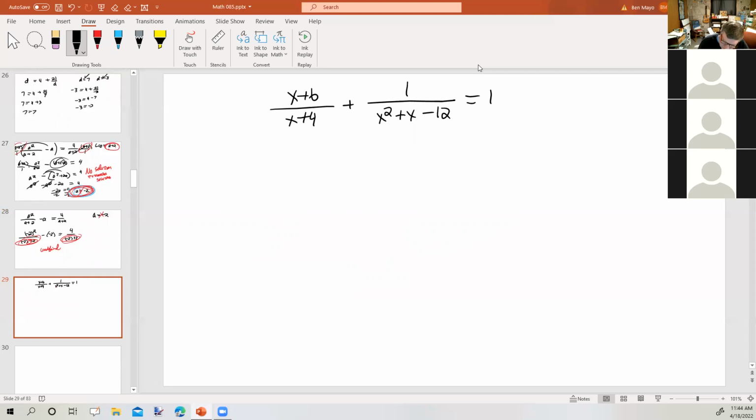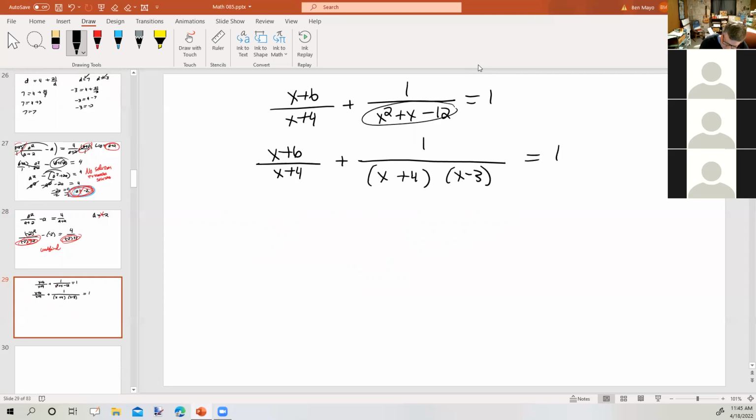So to find the LCD, I'm going to factor each denominator further if I need to. What I would get is x plus 6 over x plus 4, and 1 over x plus 4 times x minus 3. Okay, so this factors into x plus 4, x minus 3. So my LCD is x plus 4 times x minus 3.